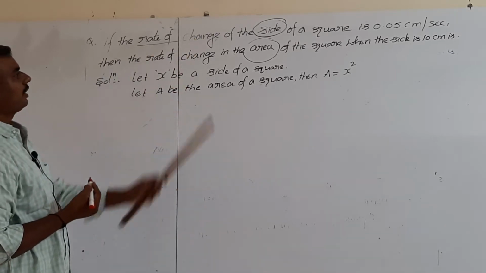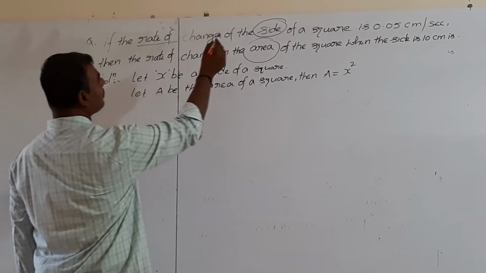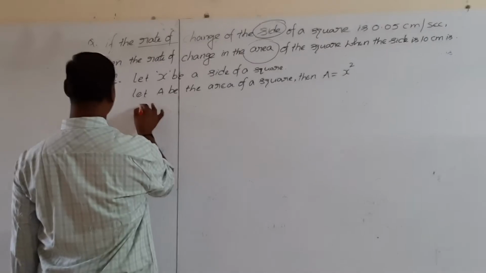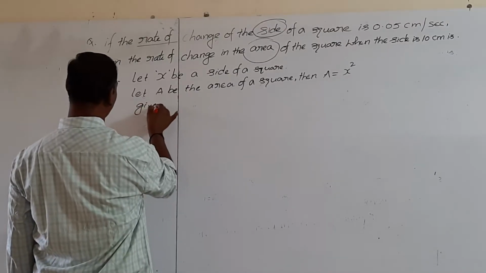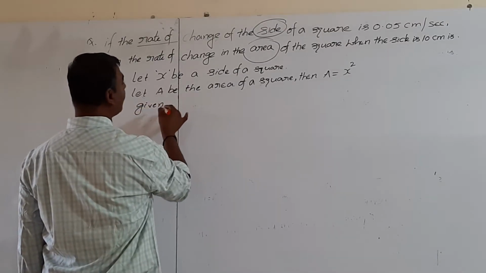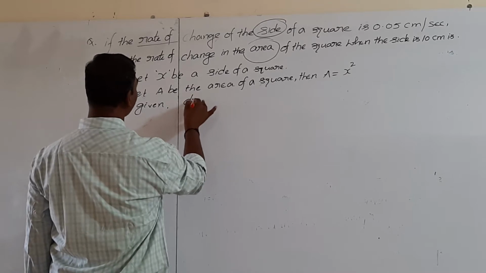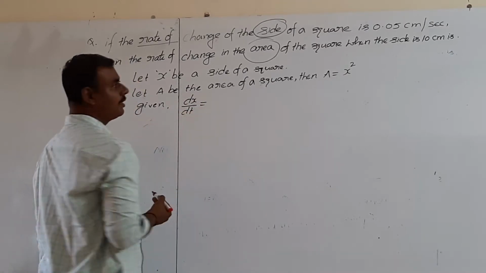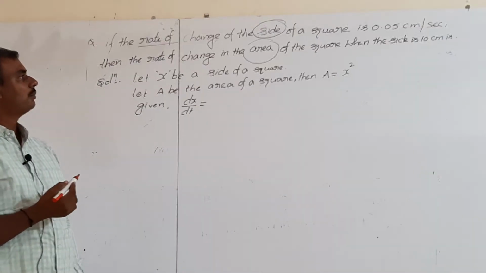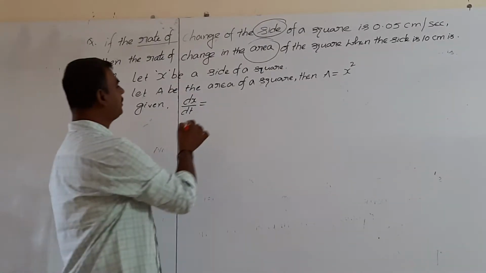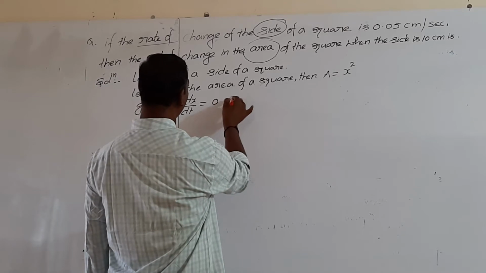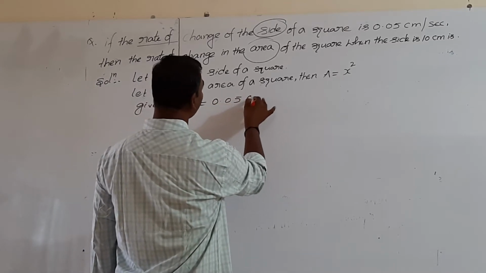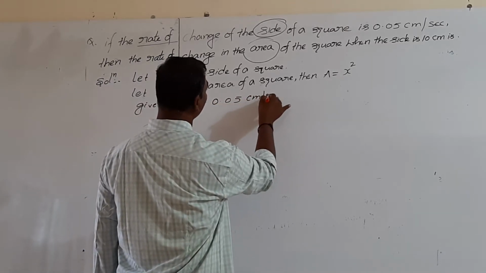Next, the given data: the rate of change of the side, dx by dt, is equal to 0.05 centimeter per second.